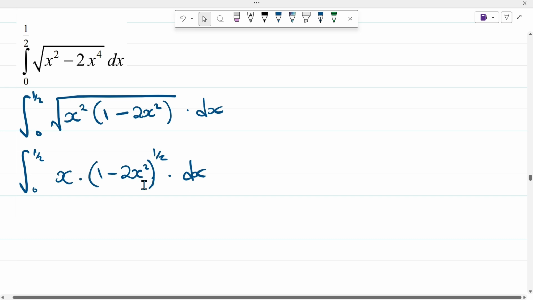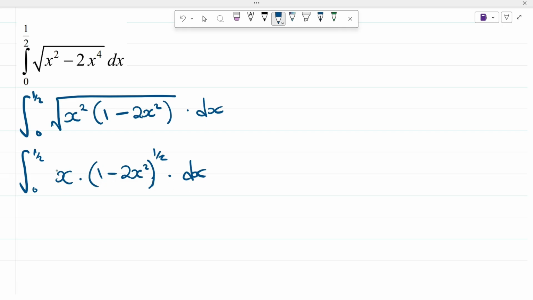then the derivative of it must be negative 4x. So when we differentiate this with respect to x, we are going to get negative 4x. But we don't have negative 4x there, so that we can use our general power rule, I must create my negative 4 here, and then compensate with my negative 4 outside.